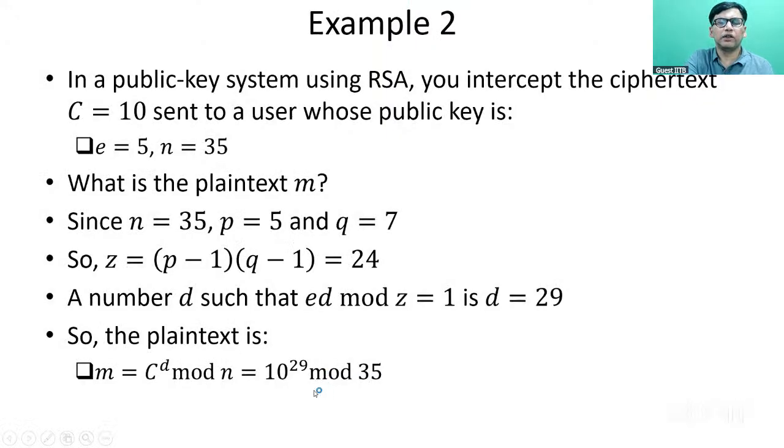It's easy to calculate this quantity 10 to the power 29 mod 35, and that's the plaintext. In this case, since the modulus was very small, we could just use brute force to calculate the plaintext corresponding to the ciphertext. Okay, so this concludes our discussion of the examples about RSA.